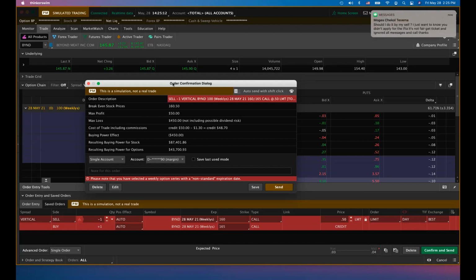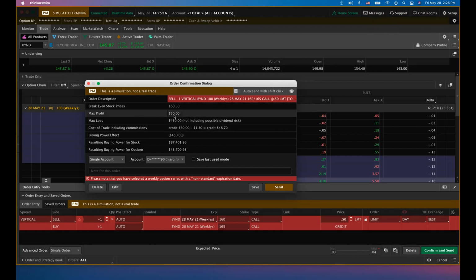That's the maximum loss, and this does confirm that maximum profit here is 50 and maximum loss is 450. So always read this confirmation dialog to let you know: is this a good trade? Is this a good risk to reward? That kind of thing. In general, the risk to reward for verticals is very, very poor.